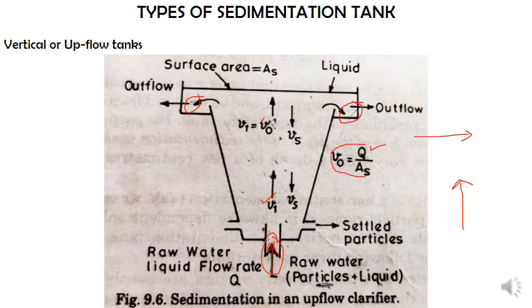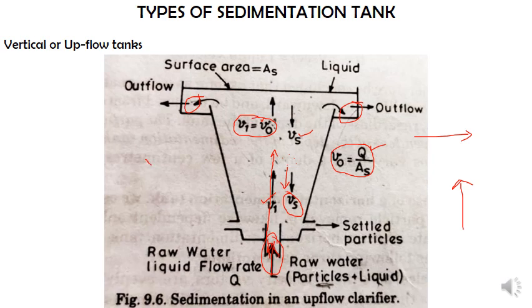Regarding this, once we are solving the problems, we'll have a detailed discussion about the surface loading rate. For now, imagine the inlet velocity is V1 or V0, both are the same, and we have one more velocity, that is the settling velocity, Vs. As the water moves up, the suspended particles tend to settle down. For this settling, the condition required is that Vs should be more than V0 or V1.